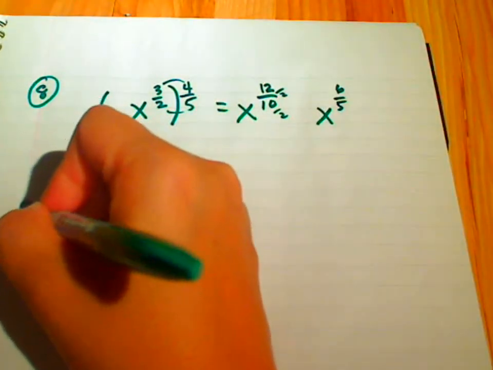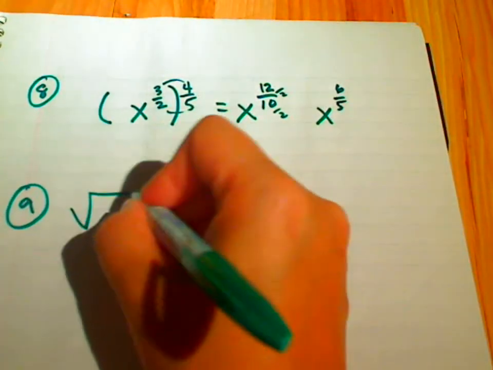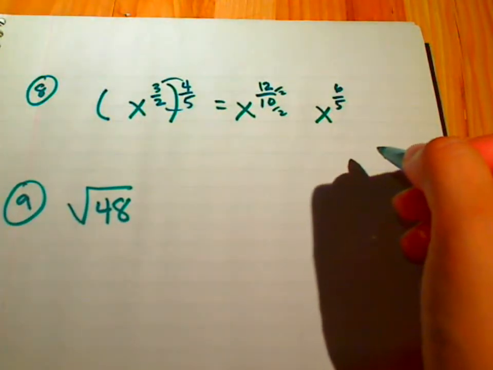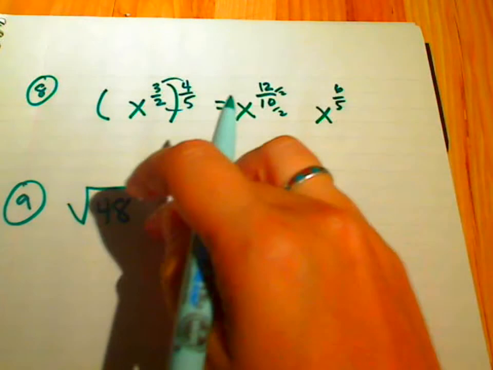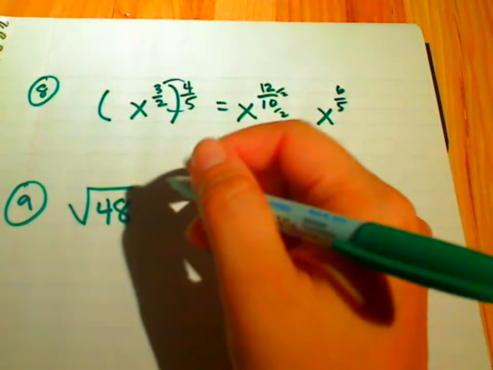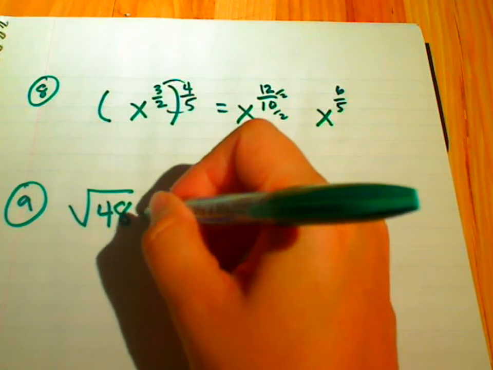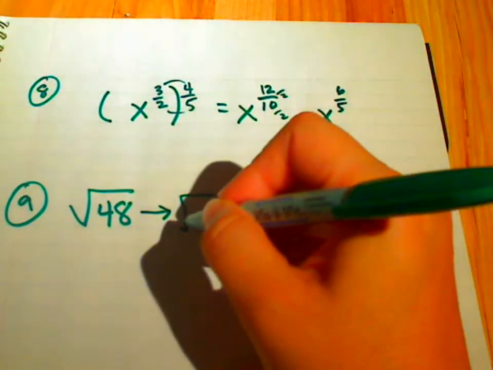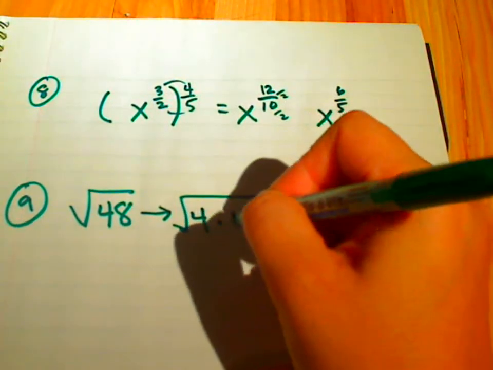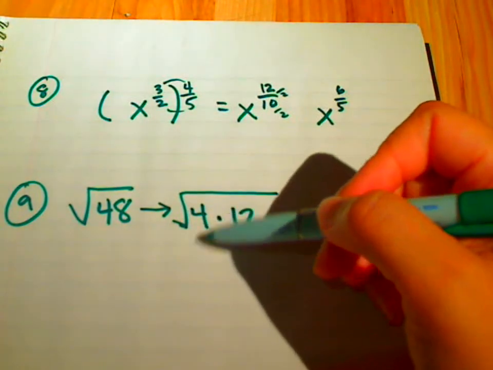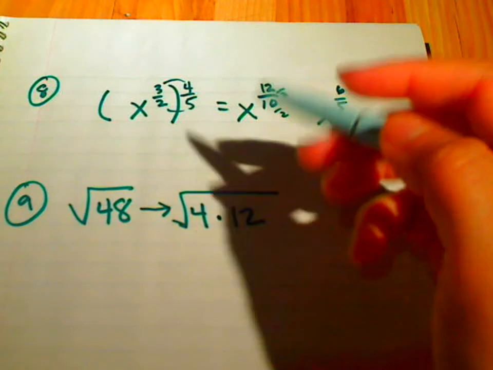Number 9. Square root of 48. I'm just trying to simplify this without making decimals, so no decimal answers here. What you're doing is looking for perfect squares in here. I know that I can rewrite 48 as 4 times 12. The reason I want a 4 is because if I square root that, I get a perfect number like 2.